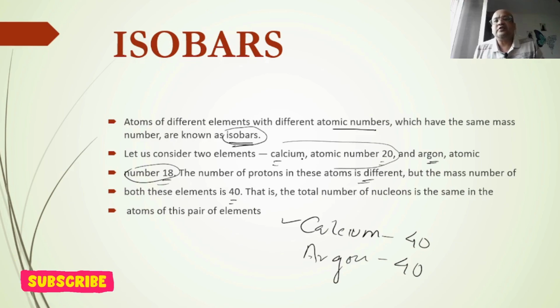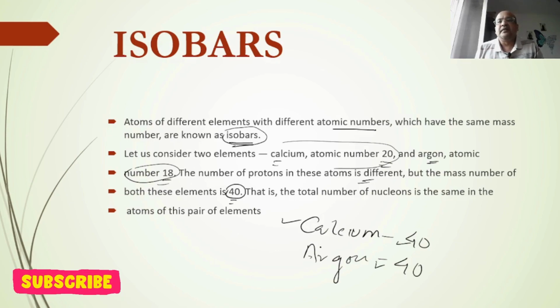You'll see the atomic number of calcium is 20, meaning the number of protons is 20 in calcium. For argon, the atomic number is 18, so the number of protons is 18. So we see here that the number of protons in these atoms is different, right? But the mass number is 40 for both these elements, right?